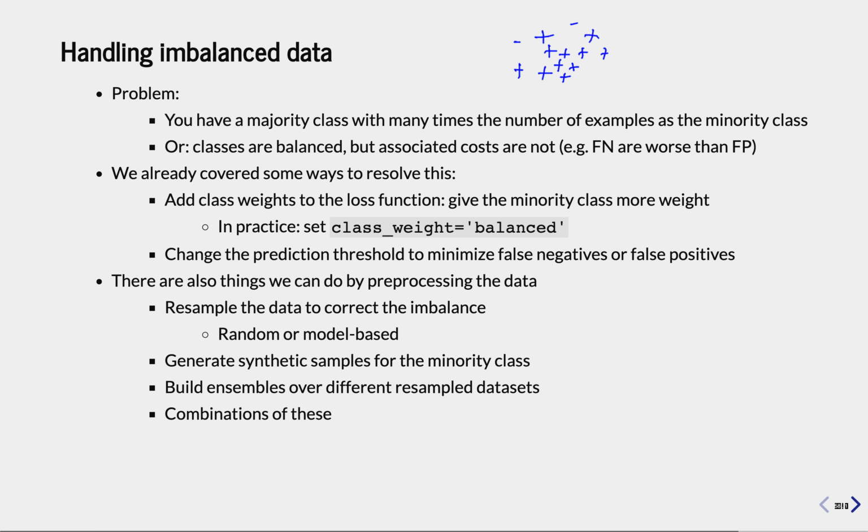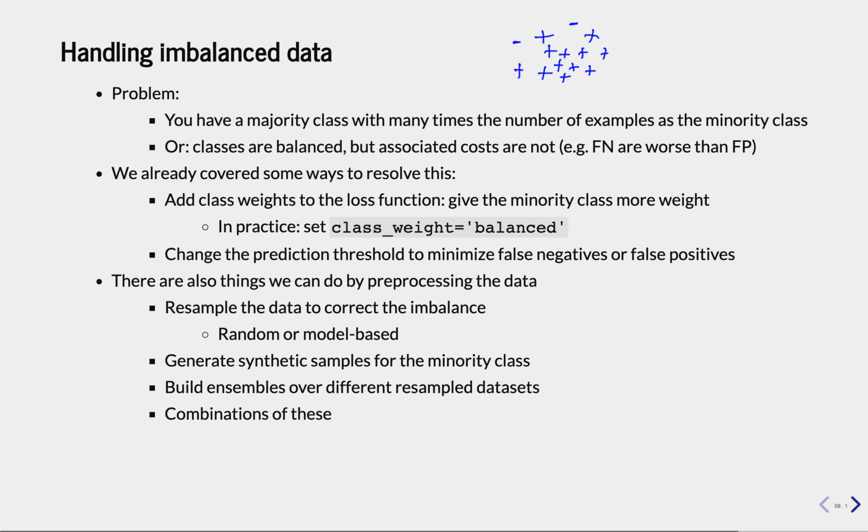Examples of this are credit card transactions, where most transactions are good but a few of them are fraudulent, or medical data, for instance x-rays, where most x-rays are normal and a few of them have, for instance, a cancer or something else you want to detect. Of course, you want to make sure that these minority cases are taken into account.